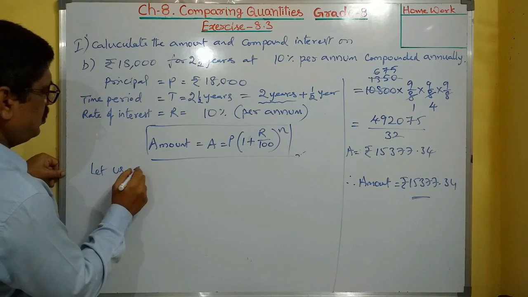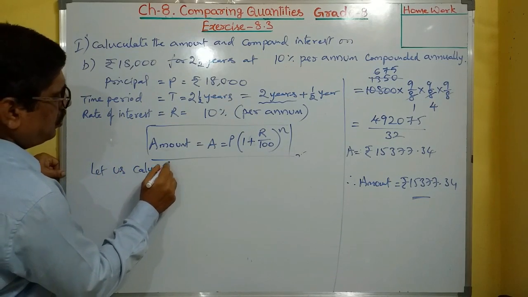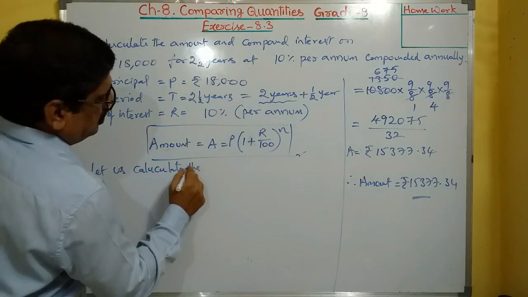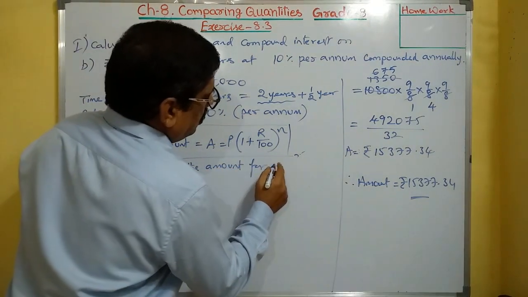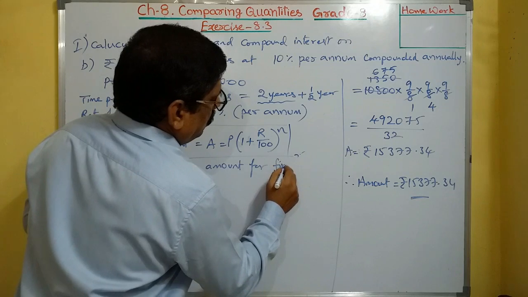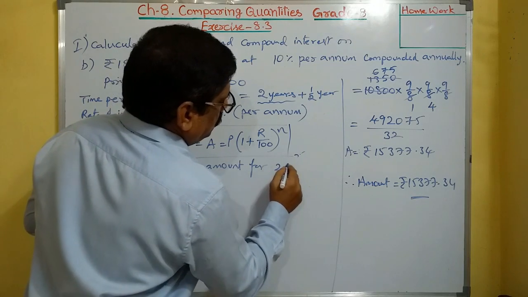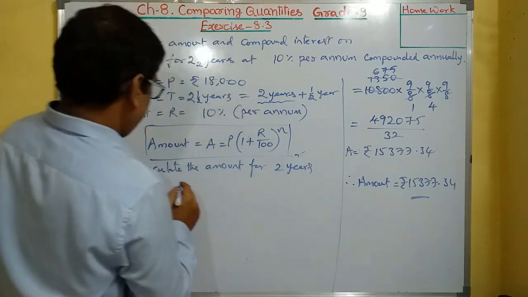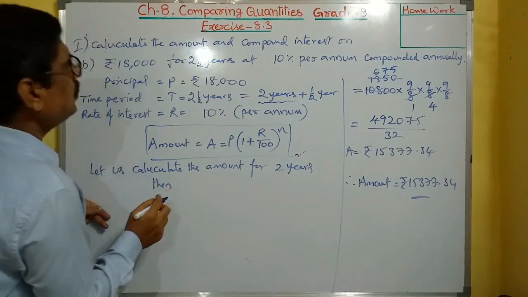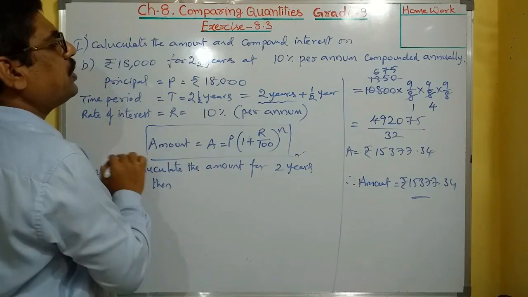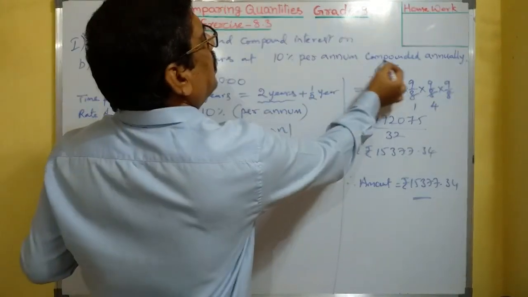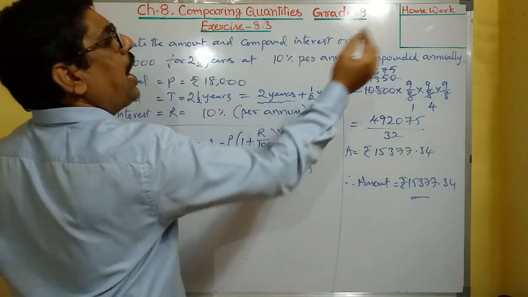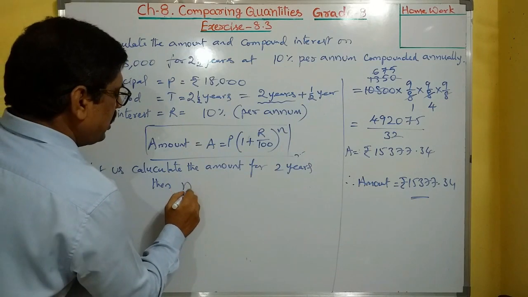Let us calculate the amount for 2 years first. What is the n value? T is 2.5 years, but we are calculating for 2 years. It is calculated per annum, compounded annually. So n is equal to 2.